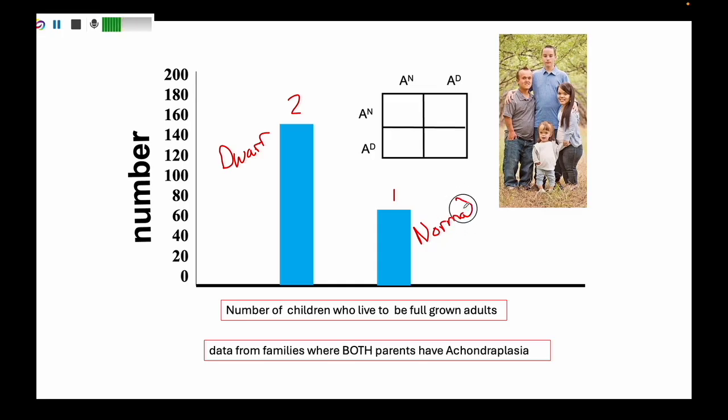Okay, so when phenotypes fall into real discrete categories, and when we can see ratios emerge, we want to be able to see if we can apply a genetic model, and you always want to start with a simple genetic model.